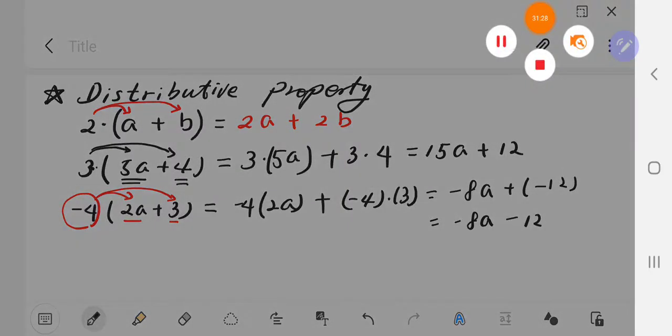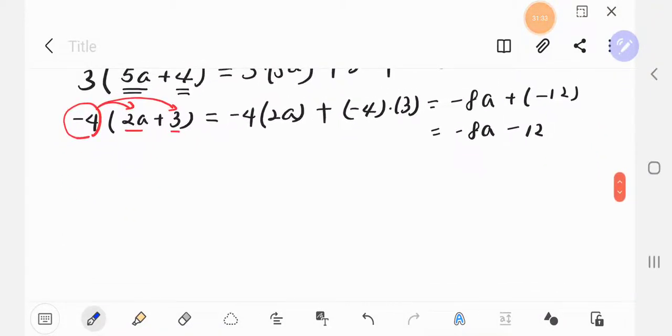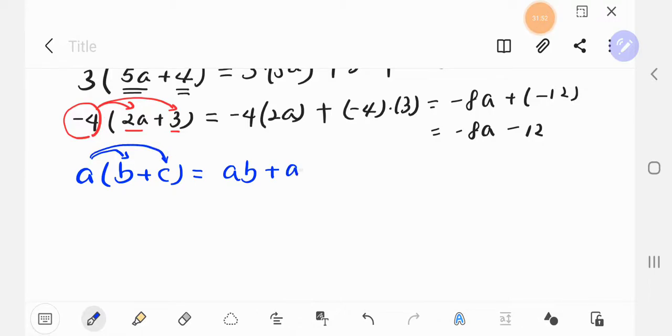Okay, let's try another example. Here is a parenthesis b plus c. Using the distributive property, we can write this as a times b, so ab, and then plus a times c, so ac.